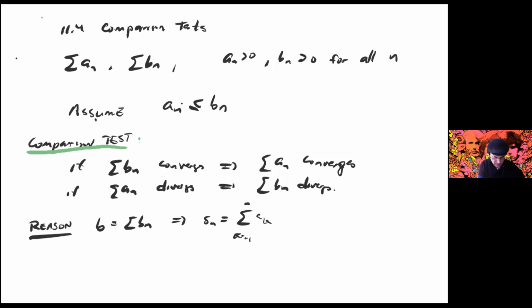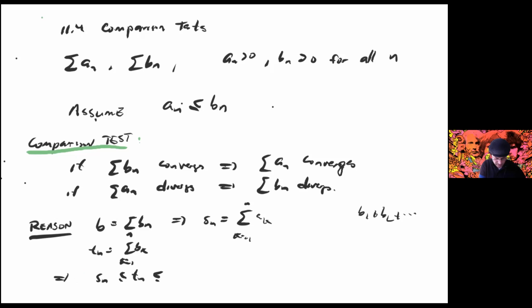Well, clearly, since B is a sum of a series of positive terms, and you're adding B1 plus B2, etc., together, B is going to be greater than any partial sum of the A's. So let T sub n equal the sum of B sub k from k equals 1 to n. Then it's clear that S sub n, which is greater than 0, is less than or equal to T sub n.